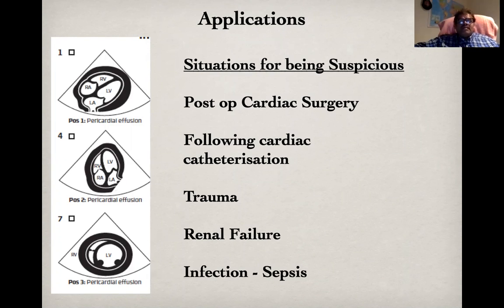There are many ways we can use FATE for measuring ventricular systolic function. In cases of post-op cardiac surgery, following cardiac catheterization, trauma, in renal failure, in sepsis, in all these situations there is a typical picture of either hypotension or shock, and we don't know what is happening, so we do FATE and try to find out what the systolic function is.